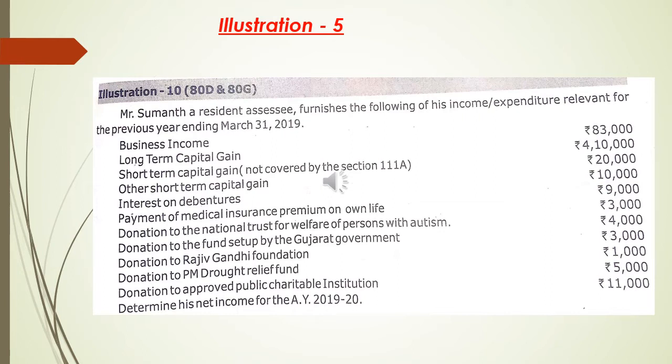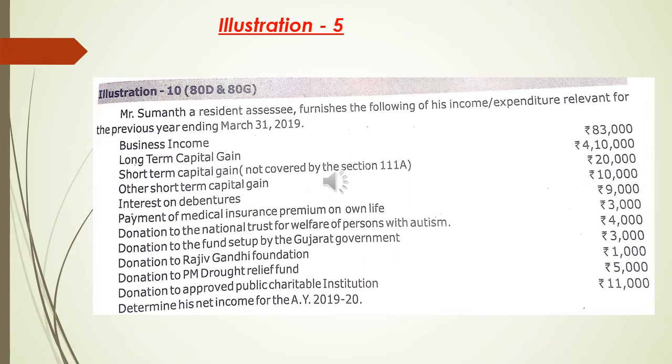No flat rate will be applied. Then he has some interest on debentures, income from other sources. Payment of medical insurance premium on own life will come under 80D deductions. Donations are given. Donations come under 80G. So we are going to learn 80G and 80D in this question.